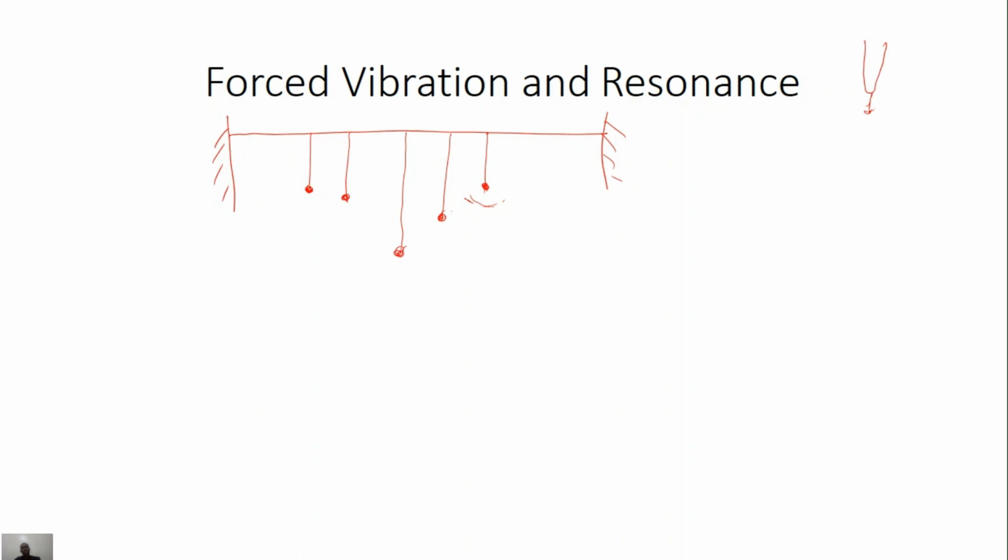So this body can make the other body oscillate at its natural frequency, because their frequencies are usually the same. When a body makes another body vibrate at its natural frequency, that is what is called resonance. This may sound technical, but if you want me to make a more extensive video on this, you can comment in the section below. And take note of this because you may be asked.